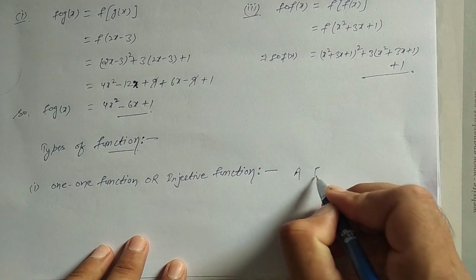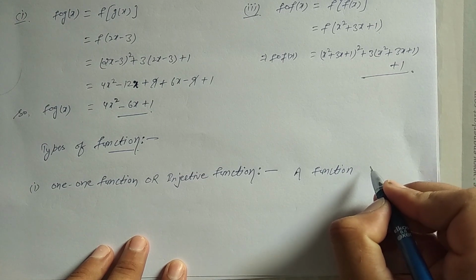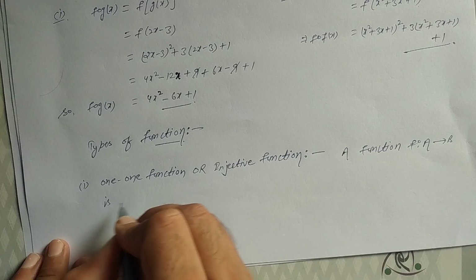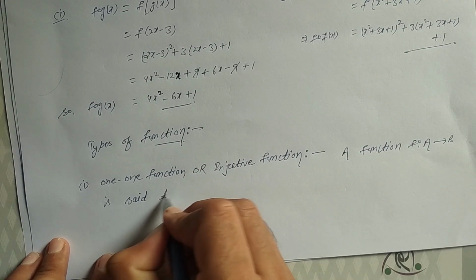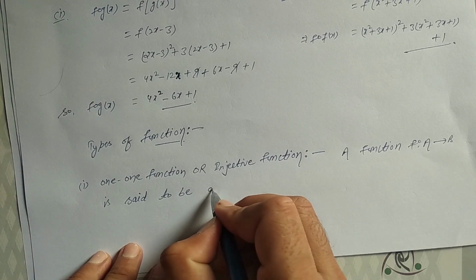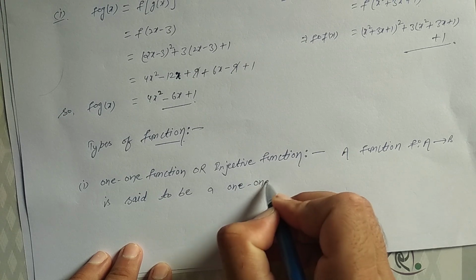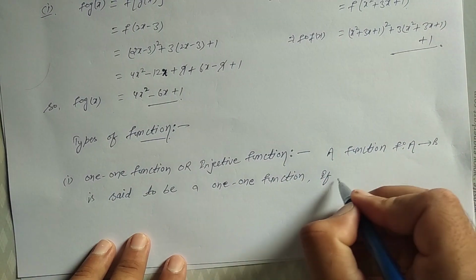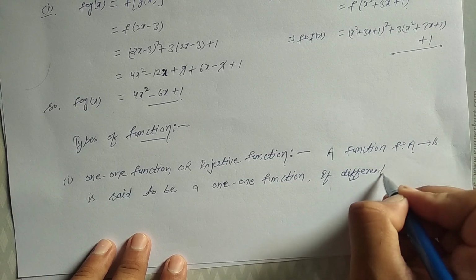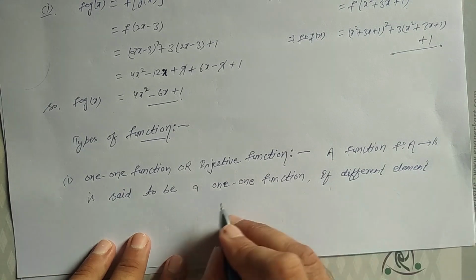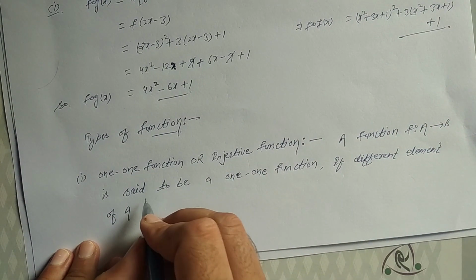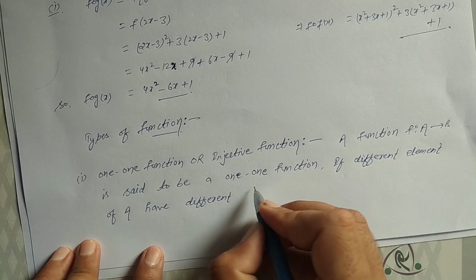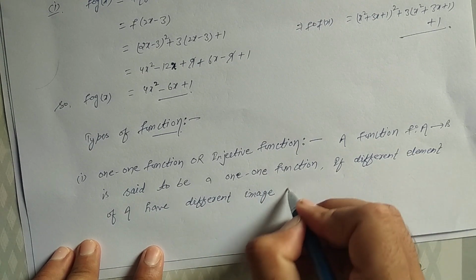A function f from A to B is said to be a one-one function if different elements of A have different images in set B.